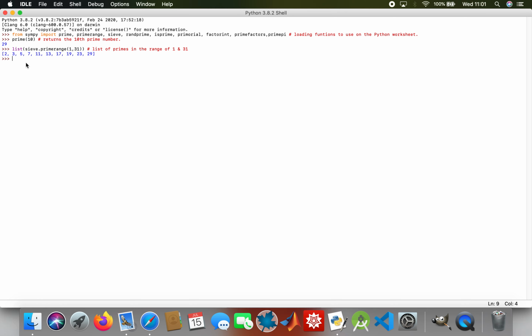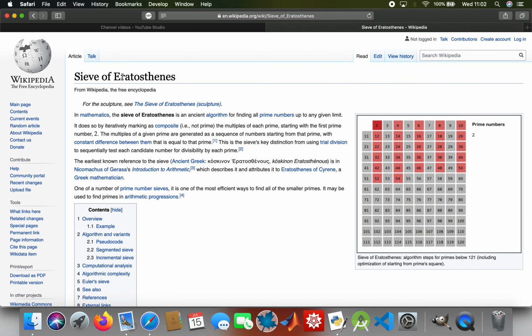Right, so the list of primes in the range of 1 and 31, with 29 being the 10th one as well. And that sieve is essentially the sieve of Eratosthenes. Yeah, I'm not Greek, but bear with me.